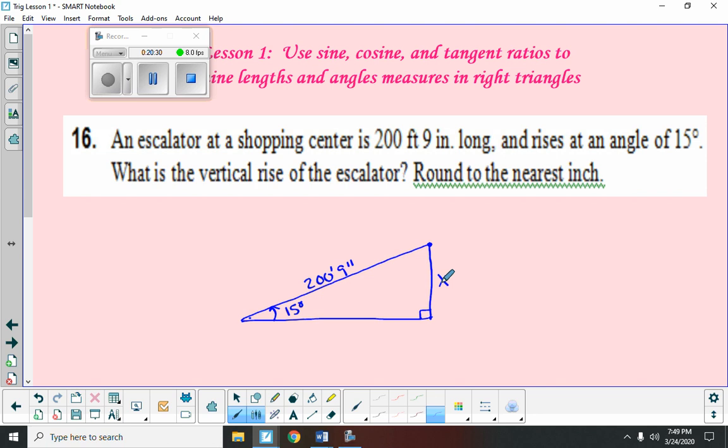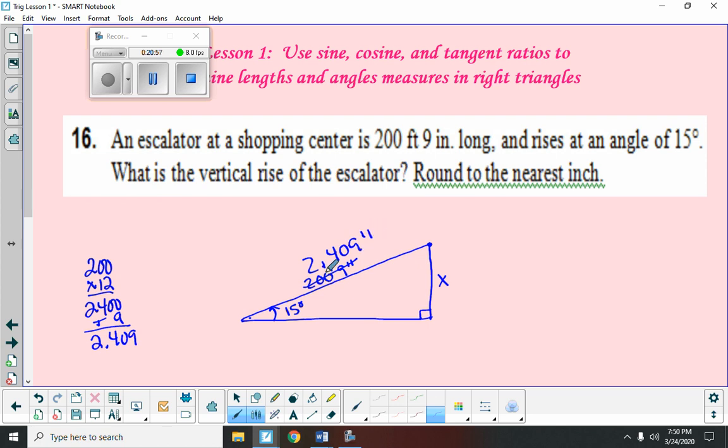So first of all, we need to do some converting. We have 200 feet, 9 inches. So 200 feet, let's change that to inches. So 200 times 12 is 2,400 plus 9 inches is 2,409 inches.